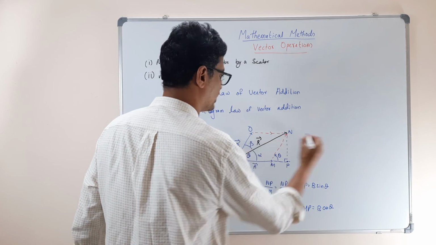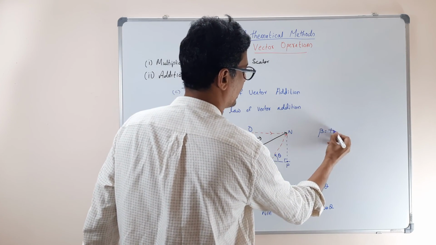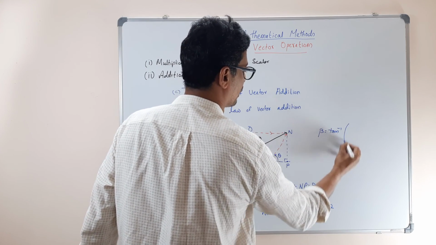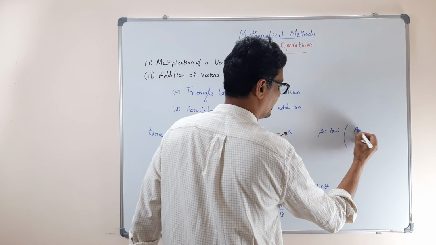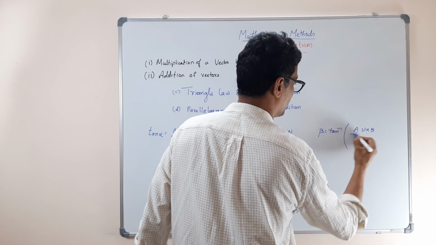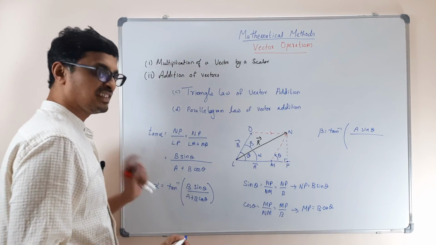In the case of beta, it will be tan inverse of A sin theta divided by B plus A cos theta.